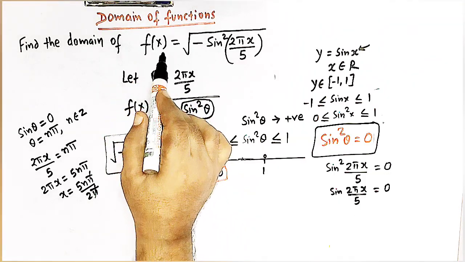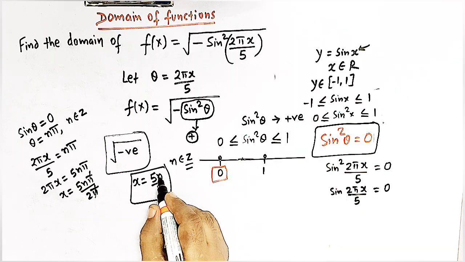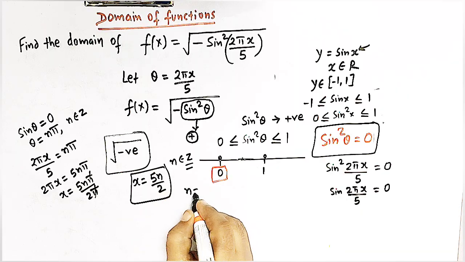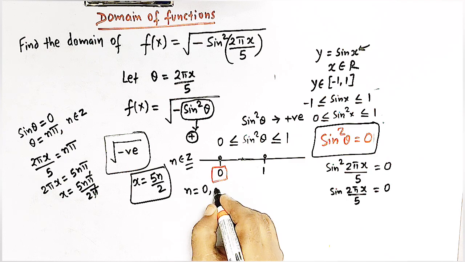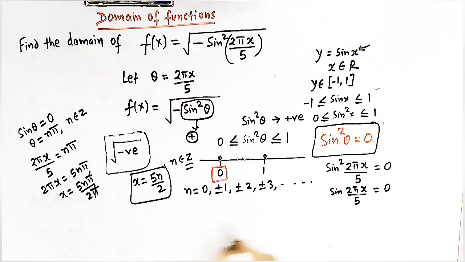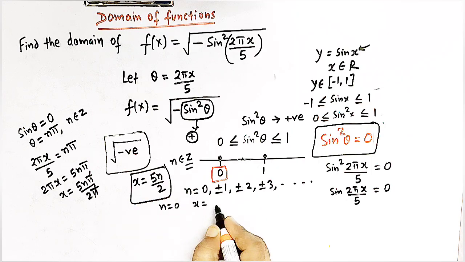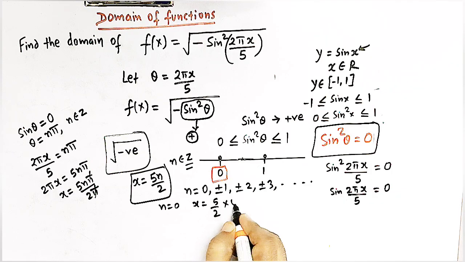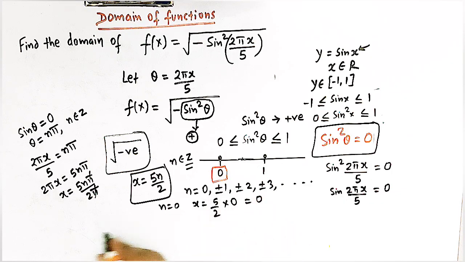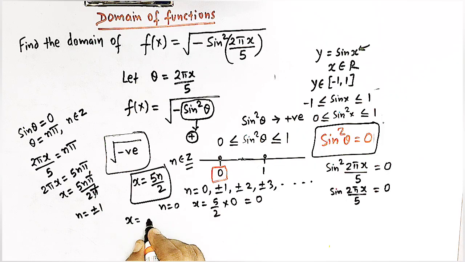So this function f of x is defined for all values of x of this form, that is 5n over 2, where n can take the value 0, plus minus 1, plus minus 2, plus minus 3, and so on. If we take n is equal to 0, then x is equal to 5 over 2 times 0, that is equal to 0. Similarly, if we take n is equal to plus minus 1, then x is plus minus 5 over 2.